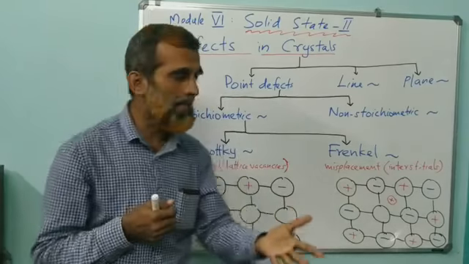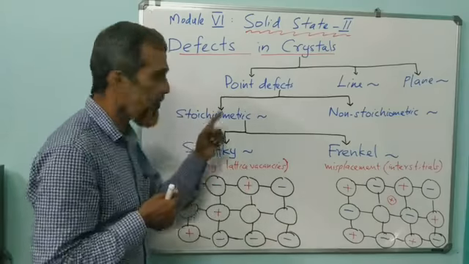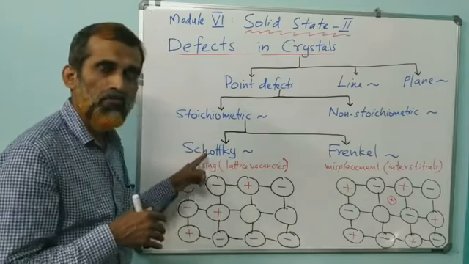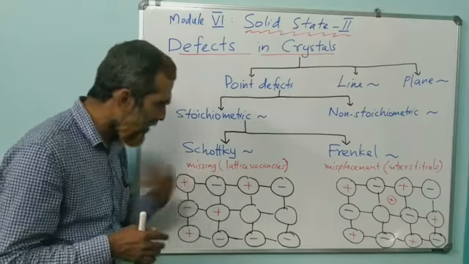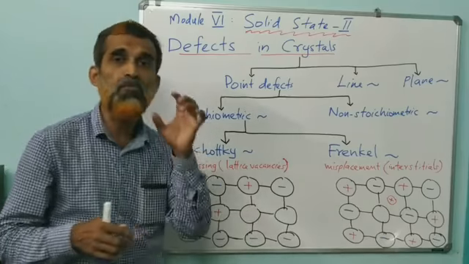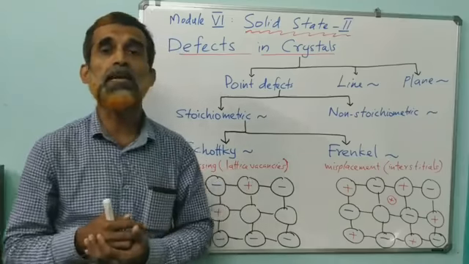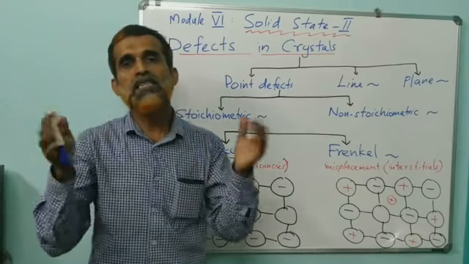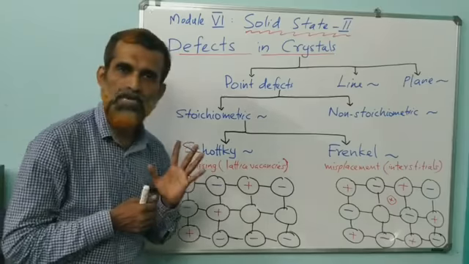When ions are missing, it should be both anion and cation because stoichiometry is to be maintained. So, equal numbers of anions and cations are missing. When an ion is missing, that is known as vacancy. So, in Schottky defect, there will be lattice vacancies, equal number of anion vacancies as well as cation vacancies.